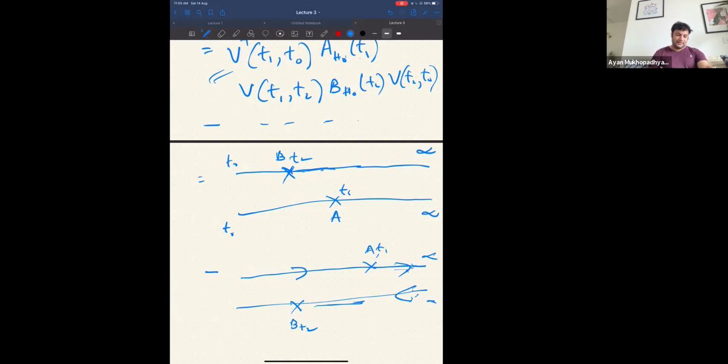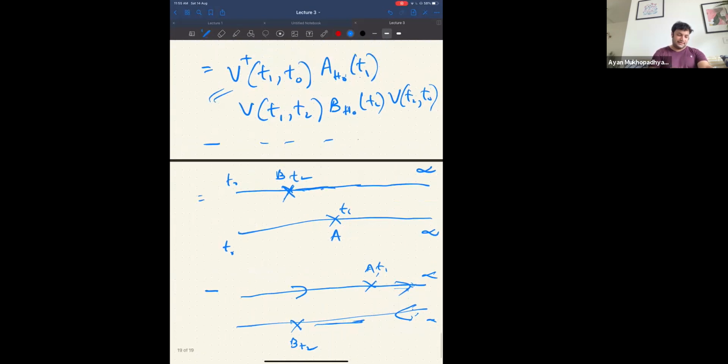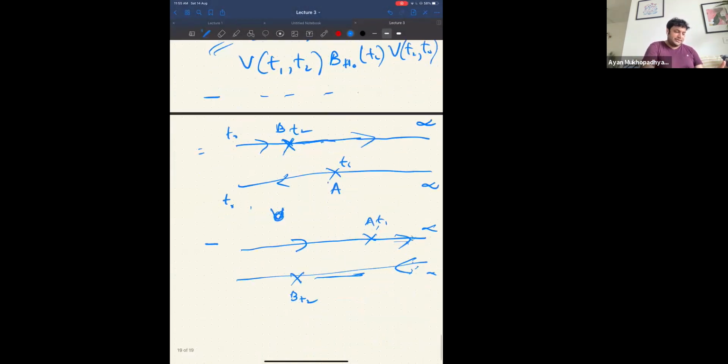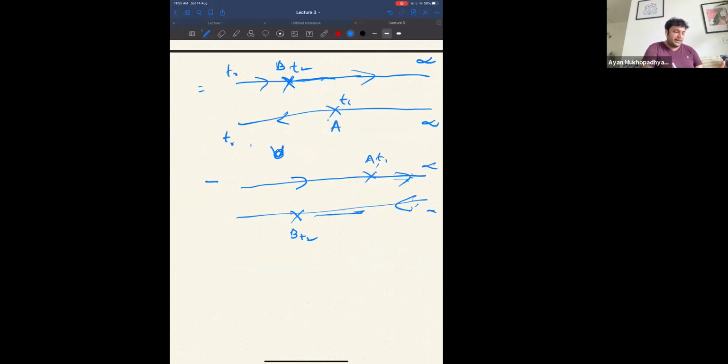Because you can always think that, according to the arrow, V is always running from here to here. Is it clear? So this is what I draw in pictures if I have to do it here.